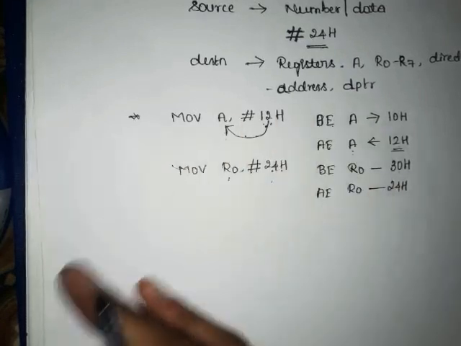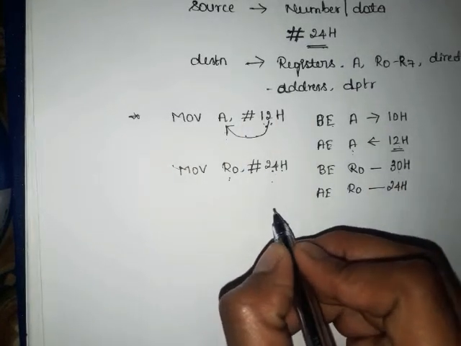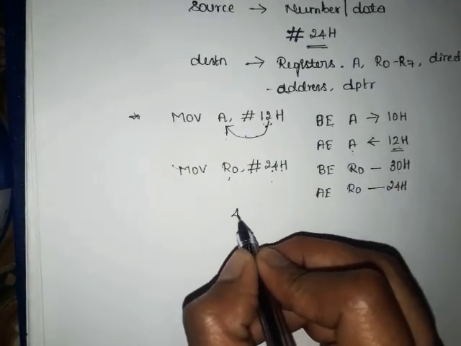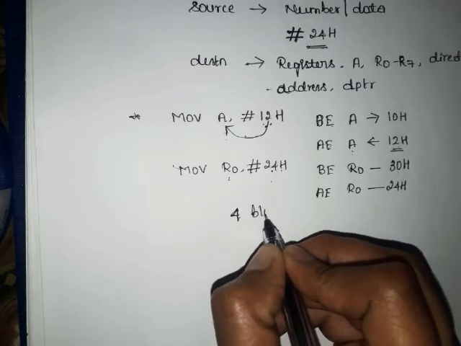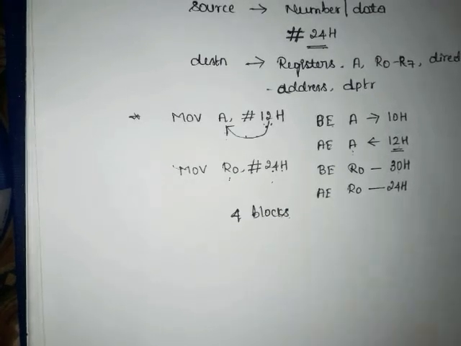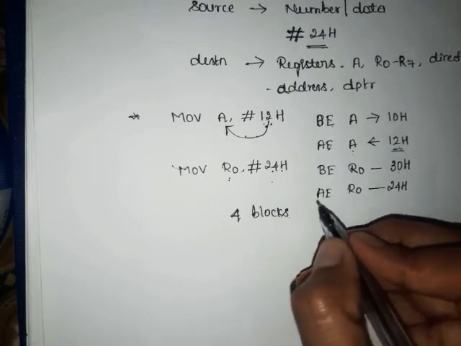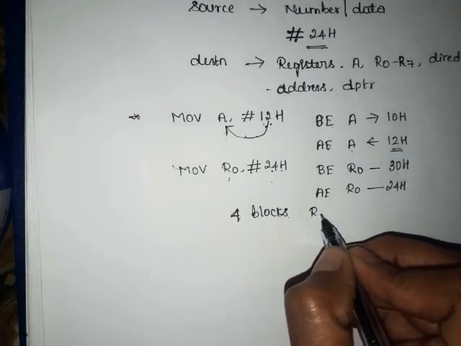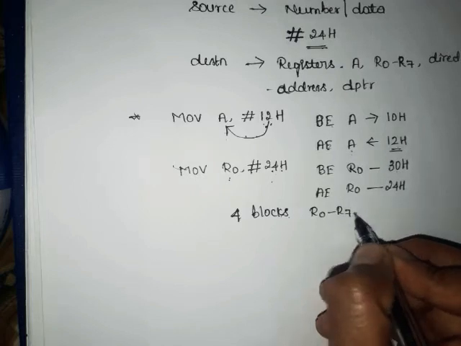See here, in 8051 microcontroller, we are having 4 blocks for registers. Each block will be having registers from R0 to R7.